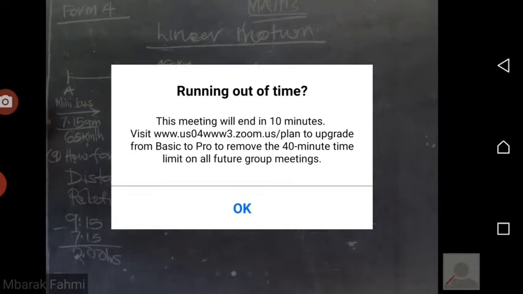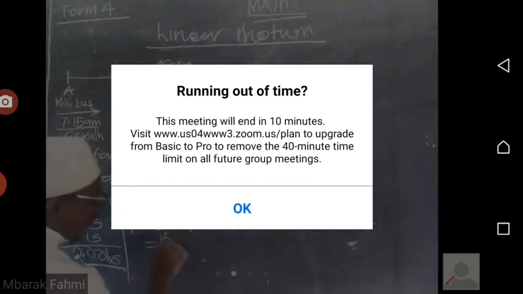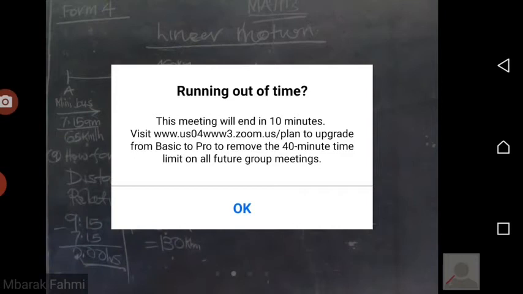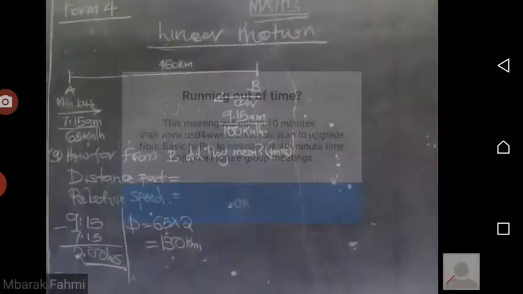So what distance will the minibus cover within these 2 hours? The distance will be the speed, which is 65, times the time taken, which is 2 hours. So this will be a total of 130 kilometers.